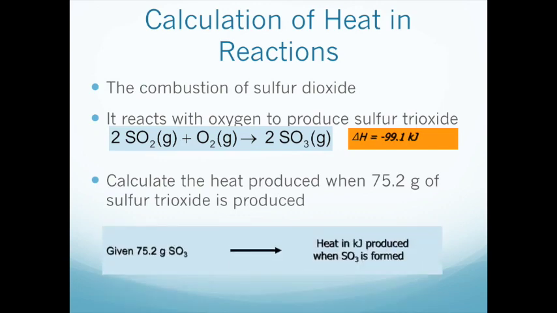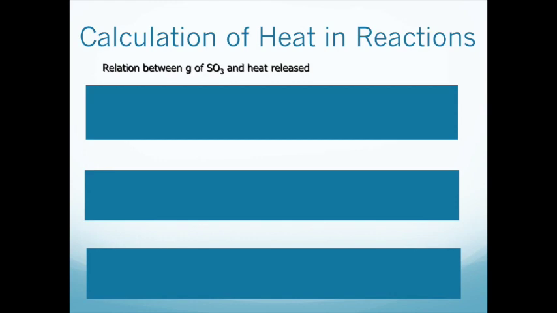So we're given that there are 75.2 grams of SO3, and we need to convert this to the heat produced when this much SO3 is formed. So in order to establish this relationship, we have to do a number of conversions. We have grams of SO3. We need to convert that, using the molar mass, to moles of SO3.